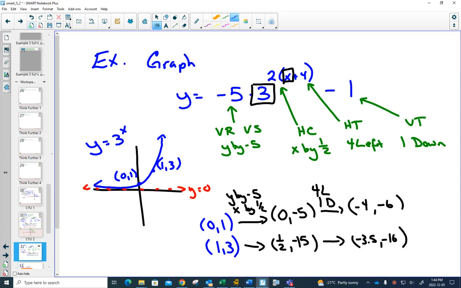Also looking at our asymptote. Can you see this time we are moving 1 down, and so our asymptote will get moved 1 down as well.